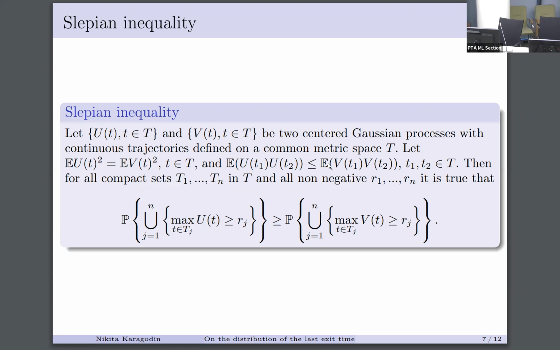So the probability of the maximum of u being bigger than some number is higher than the probability of the maximum of v being higher than that number, for any number.